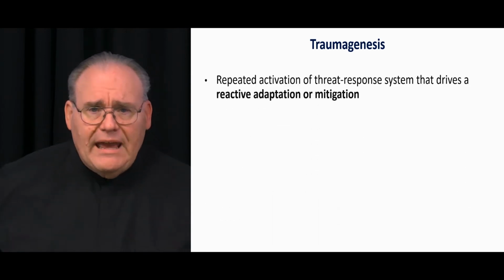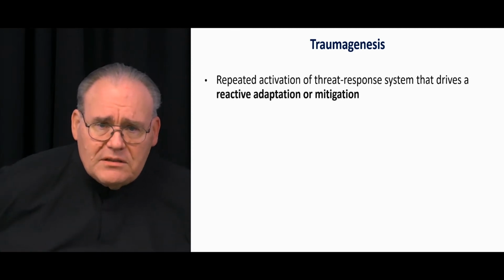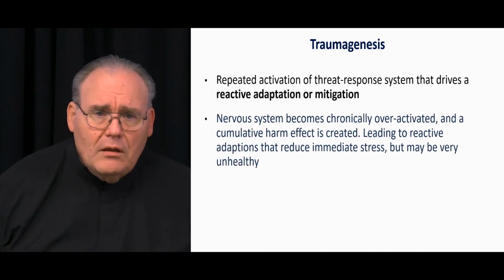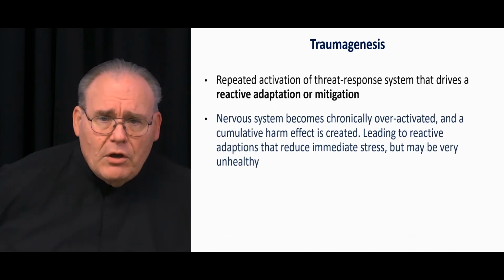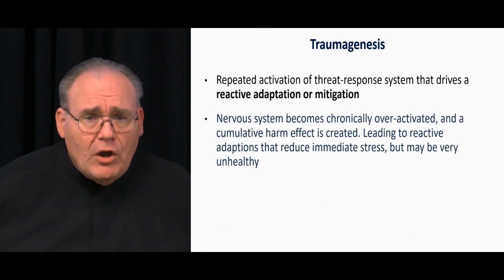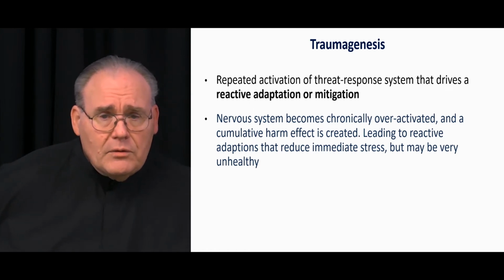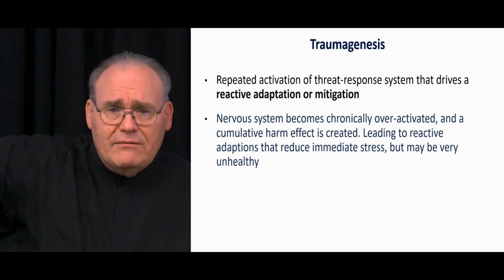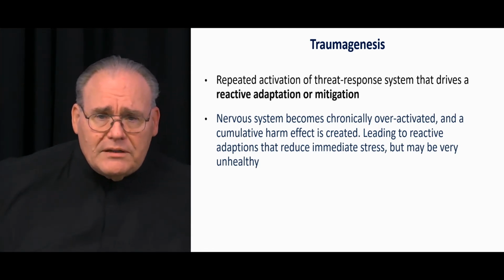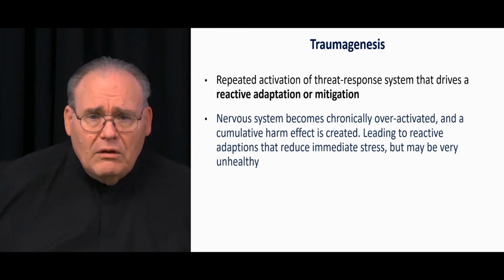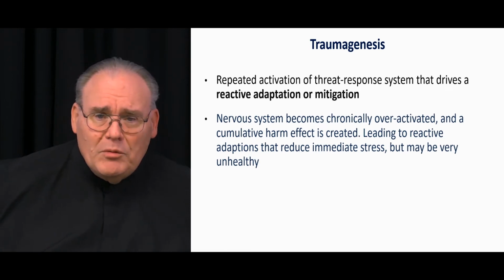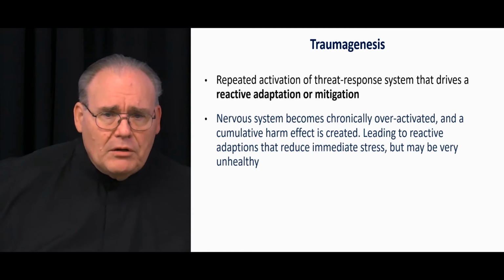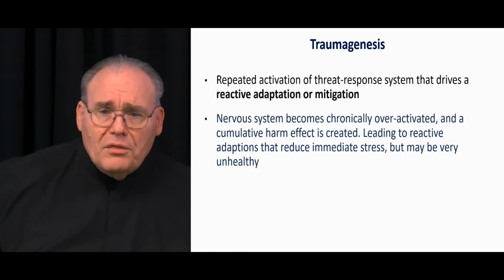Repeated activation of the threat-stress response system will drive a reactive adaptation and mitigation. The nervous system becomes chronically overactivated and a cumulative harm effect is created. In other words, if all your neurocircuitry is being developed outside of your range of tolerance, then what you're really experiencing is a cumulative harm effect, because the strategies to get through the moment are not ones that are going to help you thrive.